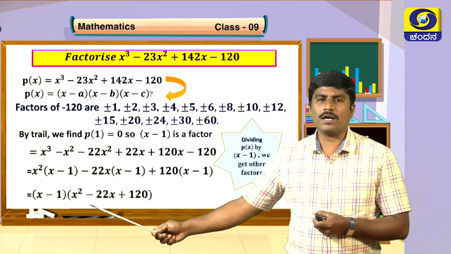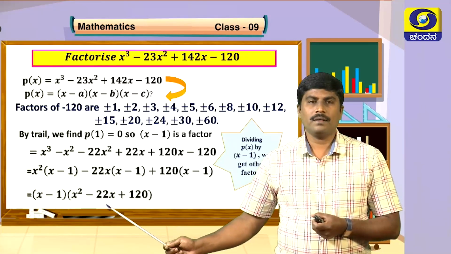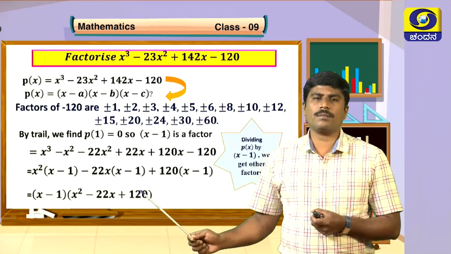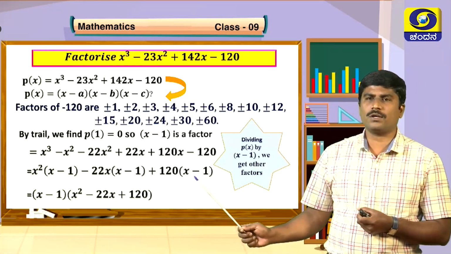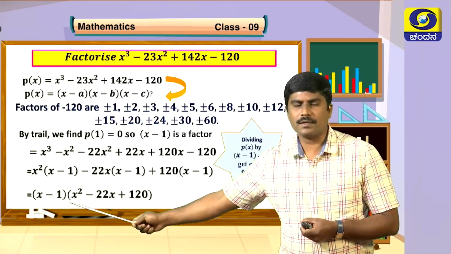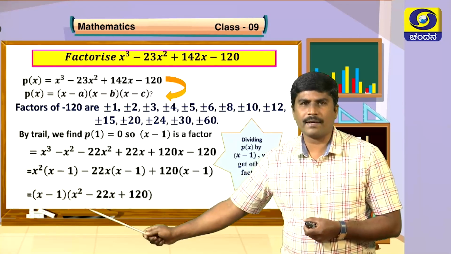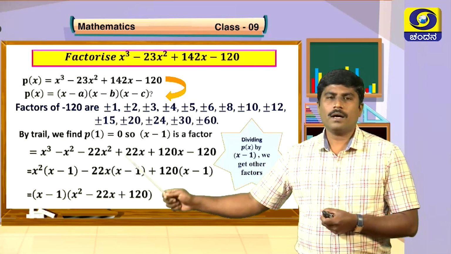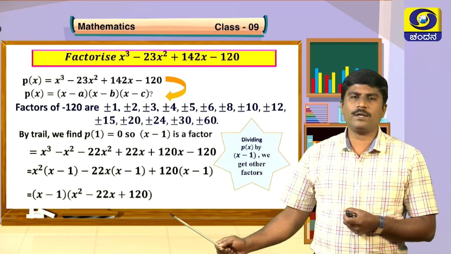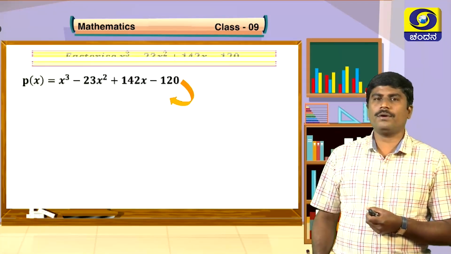So now we have to get the factors of x square minus 22x plus 120, right? Children, we got x minus 1 as a factor of the cubic polynomial. Now we need to find the factors of x square minus 22x plus 120. How are you going to get this?